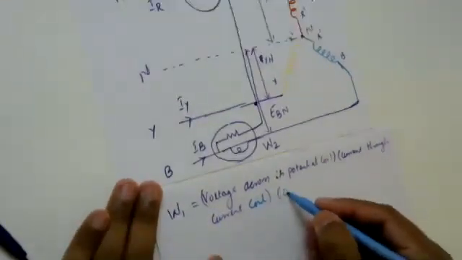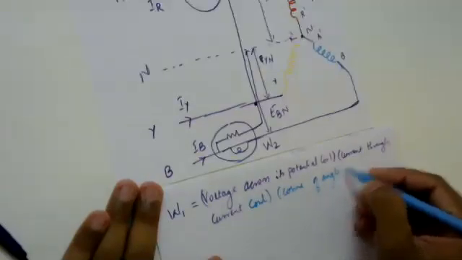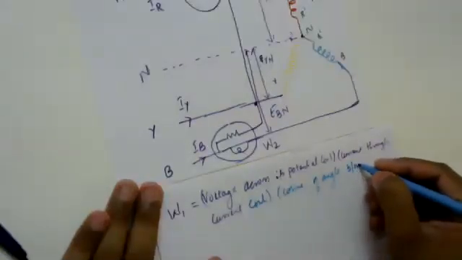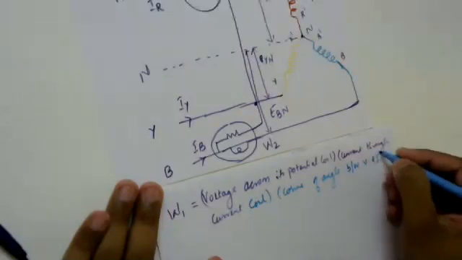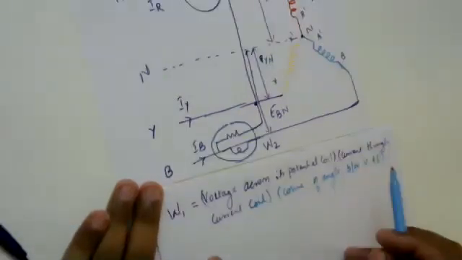So into the cosine of the angle between voltage and the current, that is this voltage and this current.